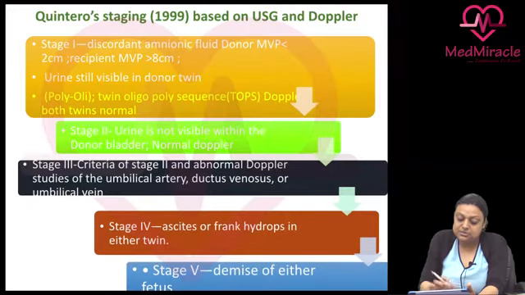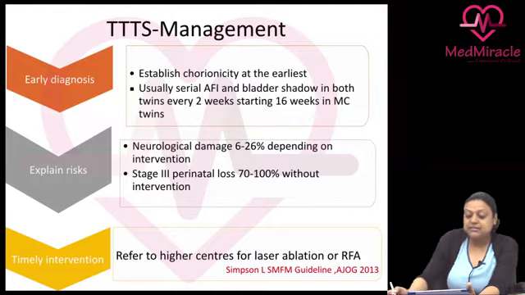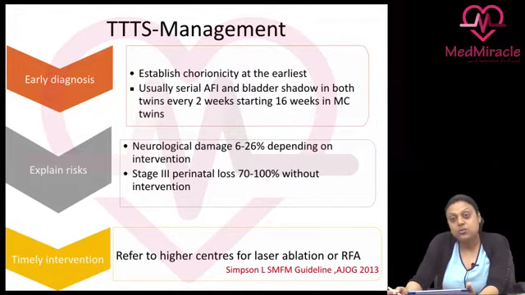Then TTTS management, basically. If there is an early diagnosis, we go on for monitoring right from 16 weeks period of gestation. Whenever we see there is an oligo-polyhydramnios sequence and other findings of TTTS rising up, we can go for intervention either with amnioreduction, septostomy or laser therapy. Now, in such cases, a higher center referral has to be done.